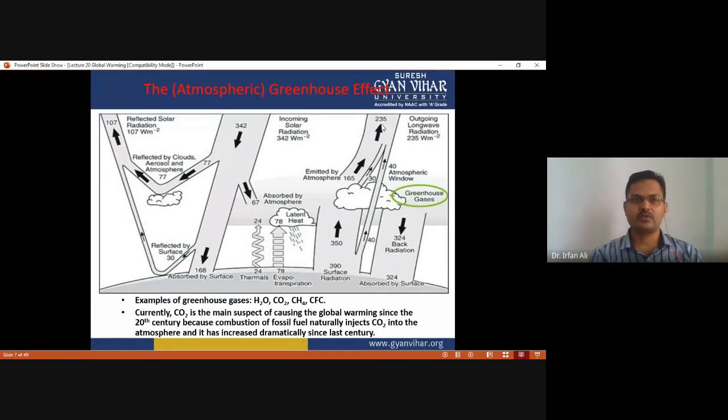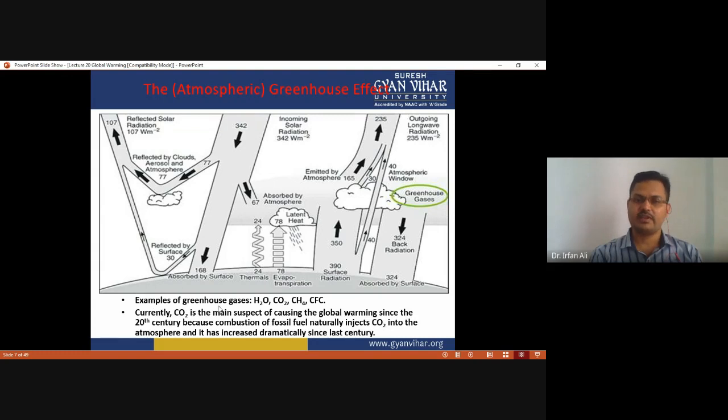So approximately 235 is outgoing long wave radiation. But the remaining radiation contributes to the rising temperature of the globe, or Earth.